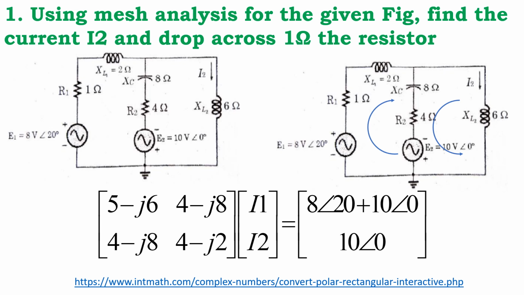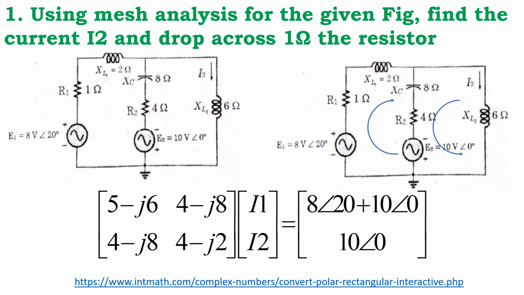One thing you have to note: inductor values are mostly given as positive, j2 ohms, but a capacitor is mentioned as minus j. Why? Because the capacitive reactance is 1 by j 2 pi f C, so if the j goes to the numerator, it becomes minus j. In this way the capacitive reactance must be put as minus j.